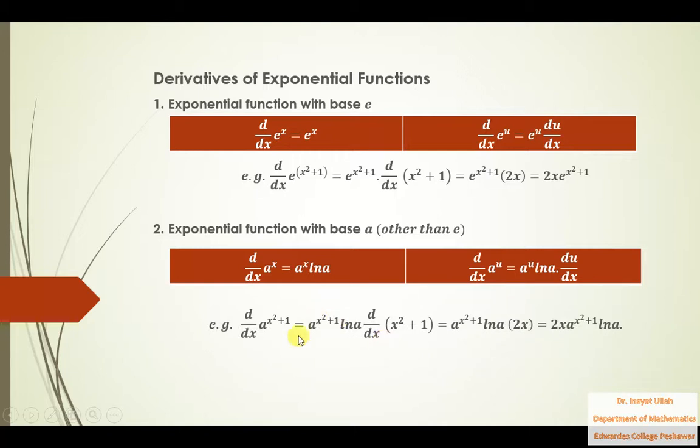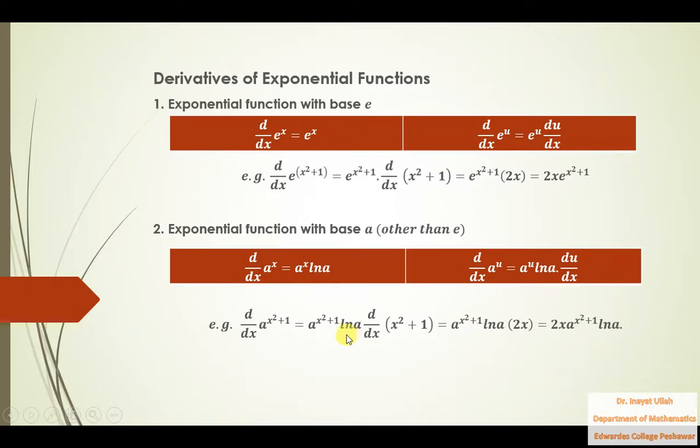For example, if you want to find the derivative of a power x square plus 1, we see that the power of a is a function of x. So the derivative of a power x square plus 1 is the same a power x square plus 1 along with natural log of a and the derivative of the power. Remember: natural log of the base, derivative of the power.